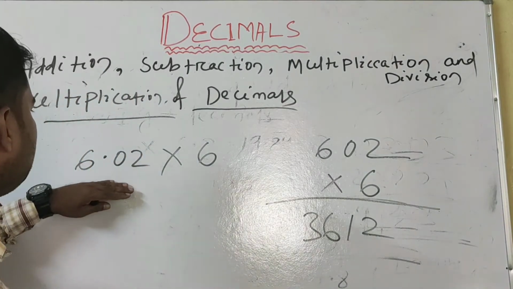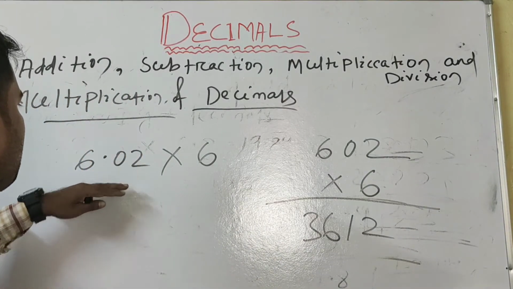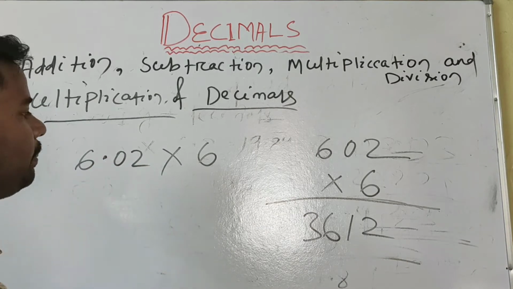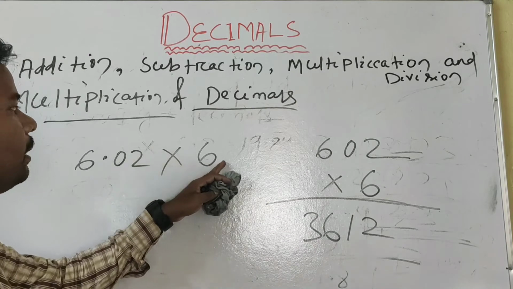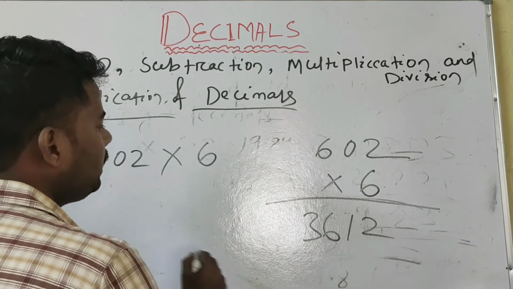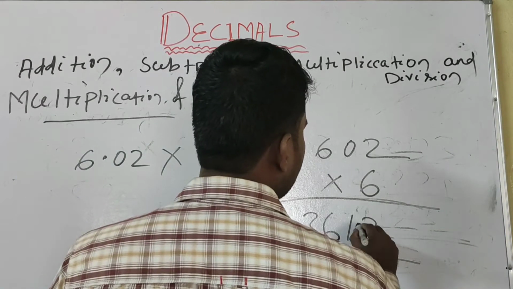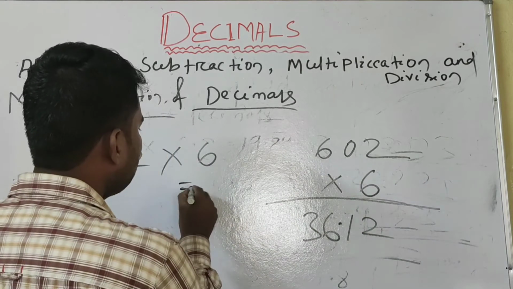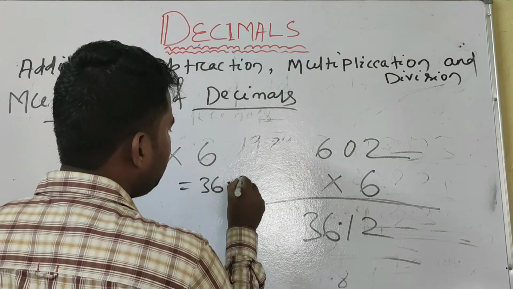The first decimal number has 2 digits after the decimal point from the right side, so we will count that. The second one has no decimal point, so in the result we count from the right side, after 2 digits we will put the decimal point. The answer is 36.12.